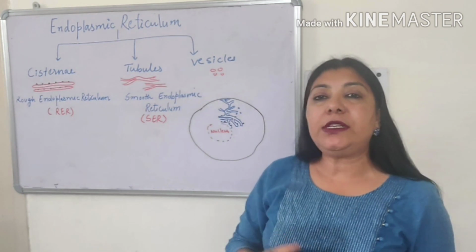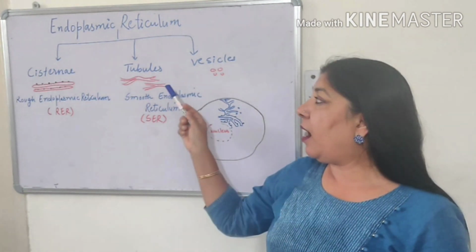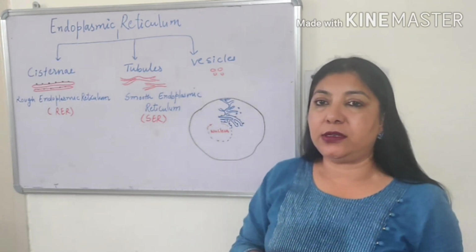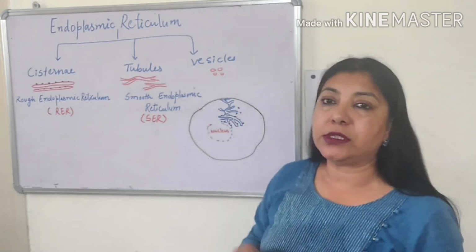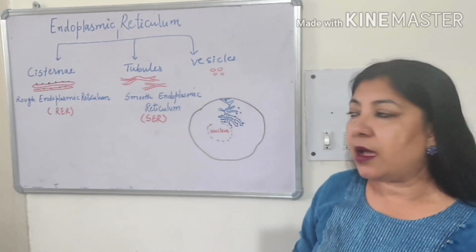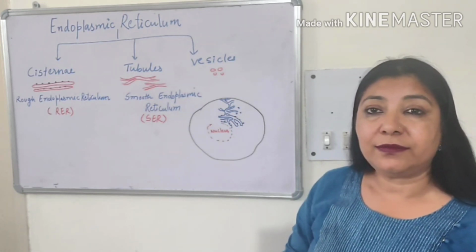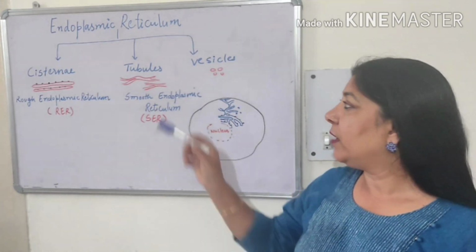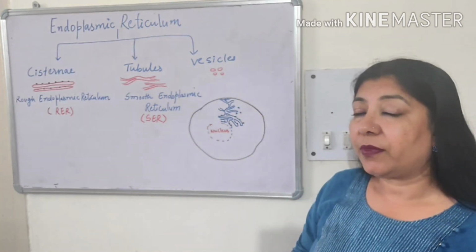Now the second part which an endoplasmic reticulum may have are tube-like structures. In fact, smaller tubules. That's why we say tubules. And these tubules are branched and they do not have ribosomes on them. So here you can see these are tubules.